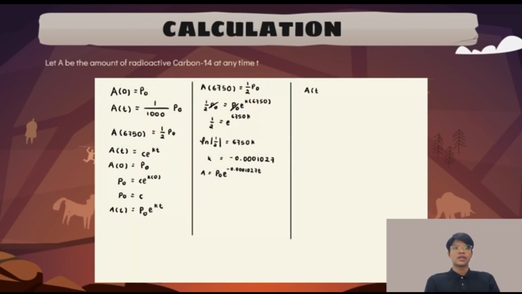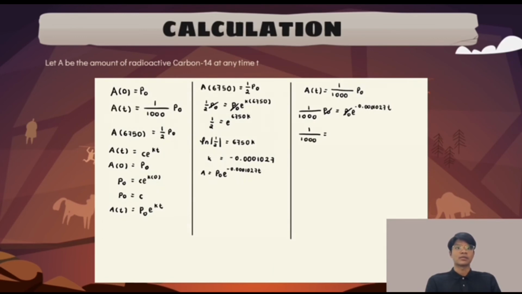Lastly, we use the last piece of information, which is A(t) equals 1/1000 times P0. We substitute into the equation A(t) equals P0 e to the power of negative 0.0001027 times t, and it becomes 1/1000 P0 equals P0 e to the power of negative 0.0001027 times t. Both P0 from the left-hand side and right-hand side can be cancelled.